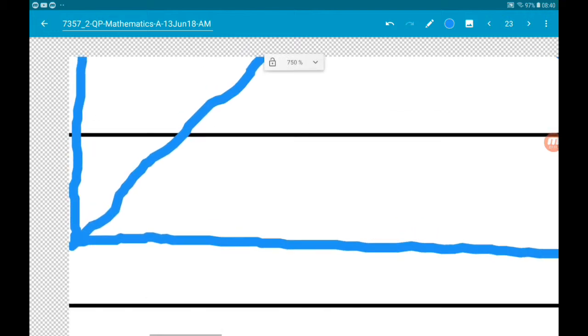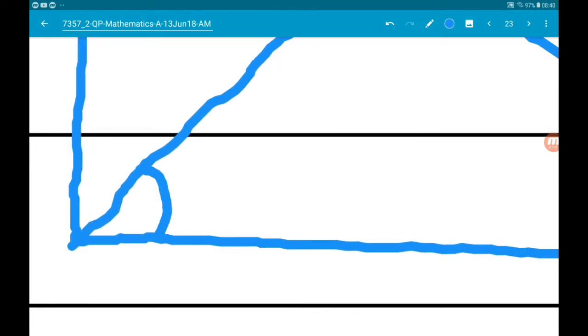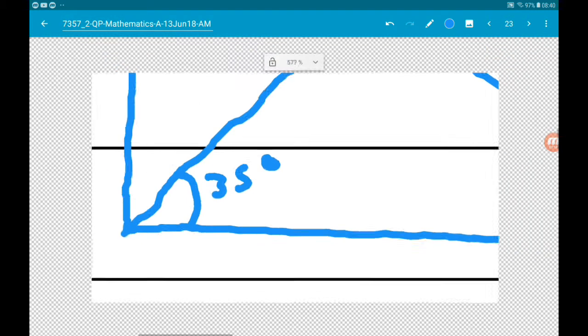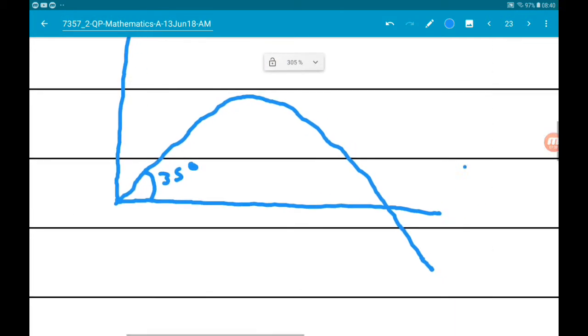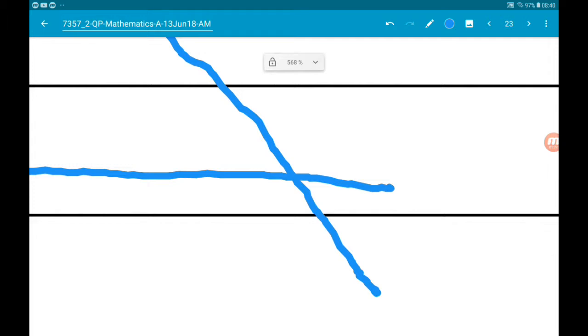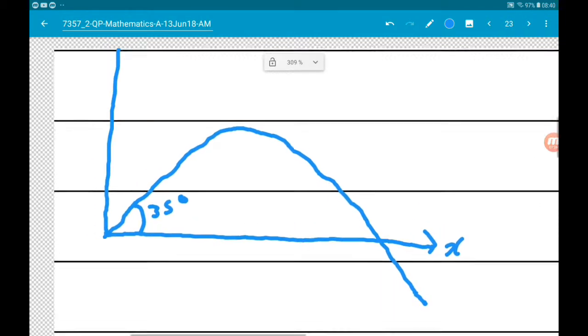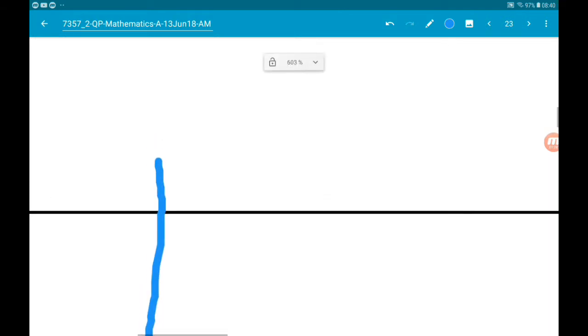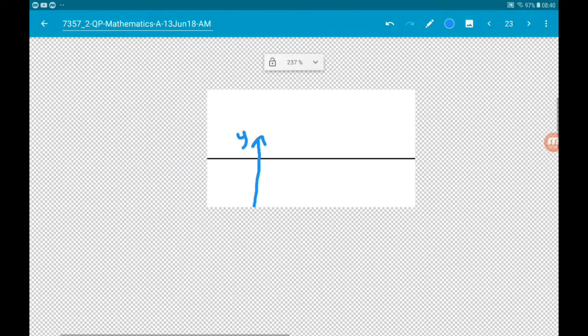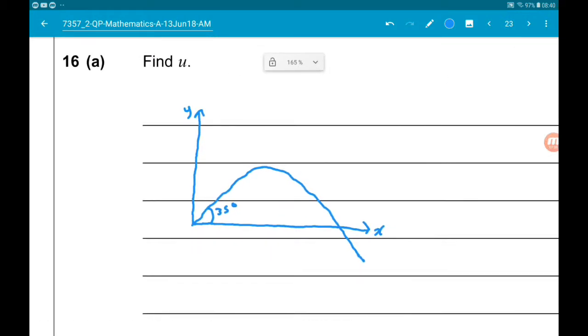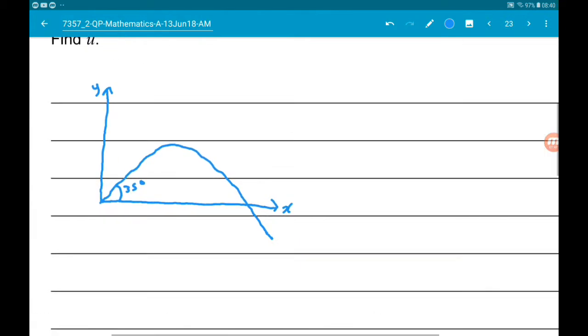Now we know that the angle at the start is 35 degrees. We're just going to think of the horizontal as x and the vertical as y. And then we know that velocity can be broken into component parts.